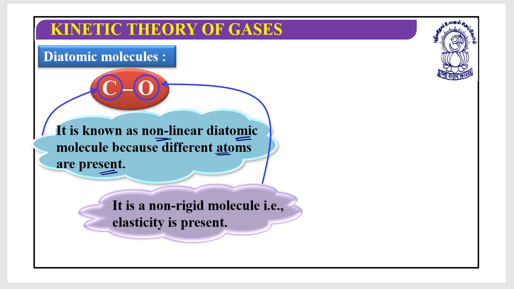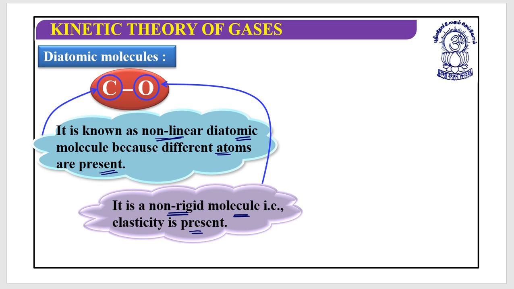But in the case of carbon monoxide, carbon and oxygen are connected. When these two are connected, this is what we call a non-linear diatomic molecule. And this can be said to be a non-rigid molecule because elasticity is present here.